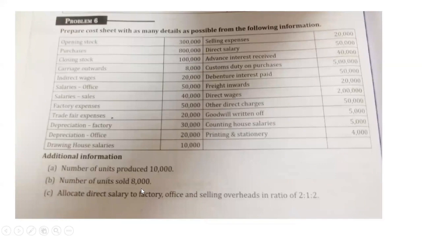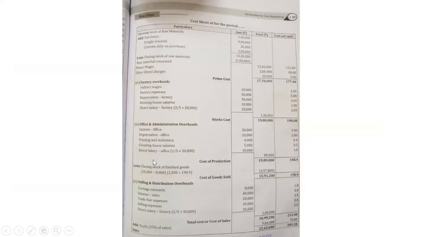Once you deduct your sold units from your produced units, you get your closing stock, which is 10,000 minus 8,000, which is 2,000 units. This multiplied by the per unit cost of production gives the closing stock value. Value of closing stock is 397,800. Deduct it from cost of production and you will get cost of goods sold.